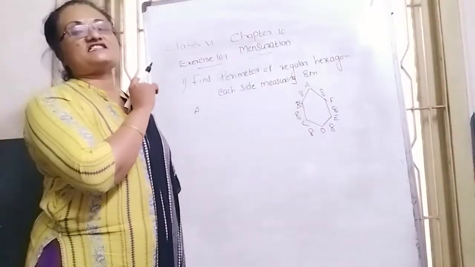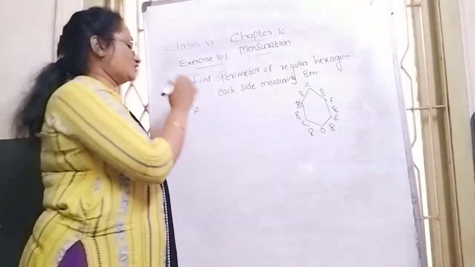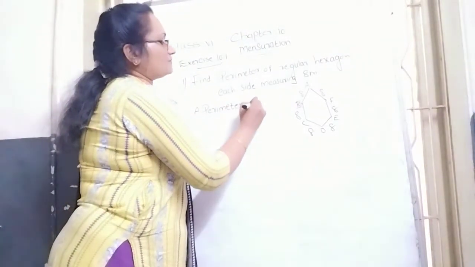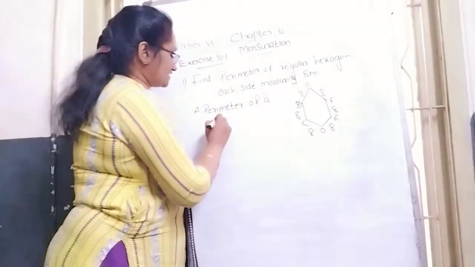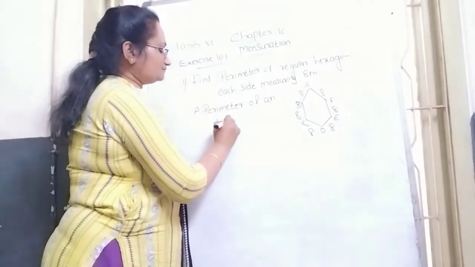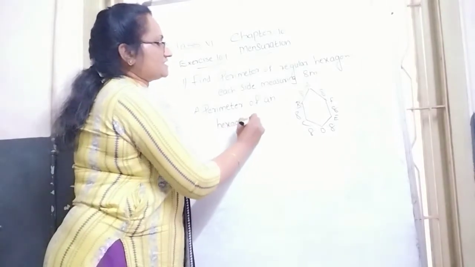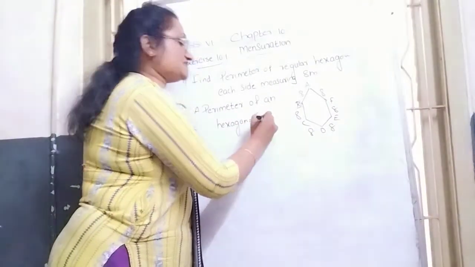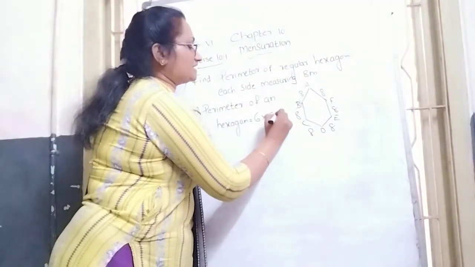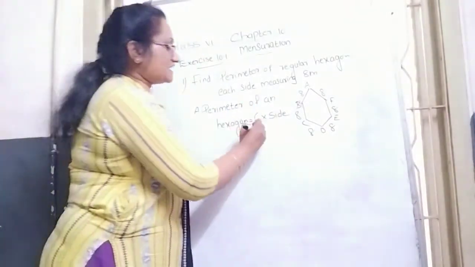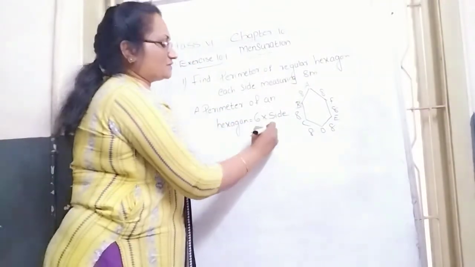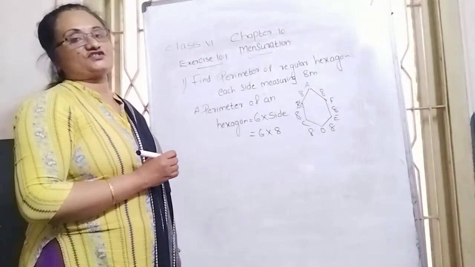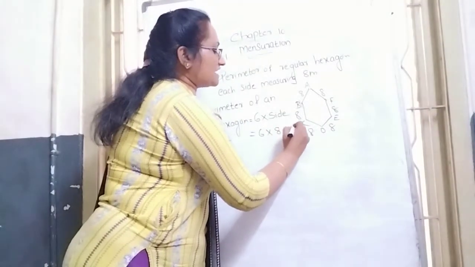But there is one formula, and using that formula it is easy to find. The perimeter of a hexagon is equal to 6 times side. A hexagon has 6 sides, so 6 into side. The side value given is 8 meter, so we substitute 8. 6 eights are how much? 48.